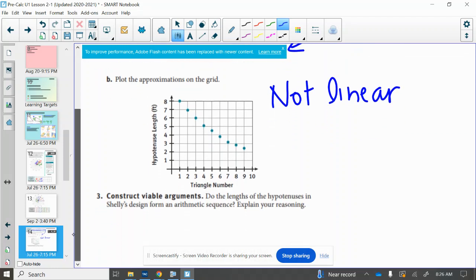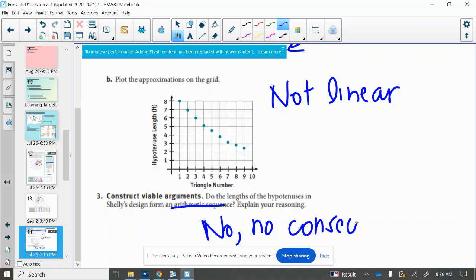And more importantly, is this going to end up being arithmetic? No. There's no consecutive decrease. We're not decreasing by a certain amount each time. It's not linear. We don't have a common difference.